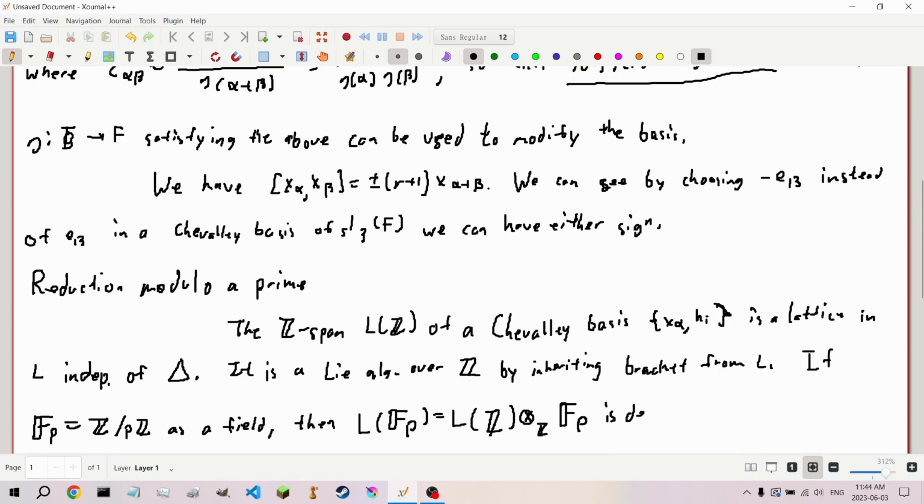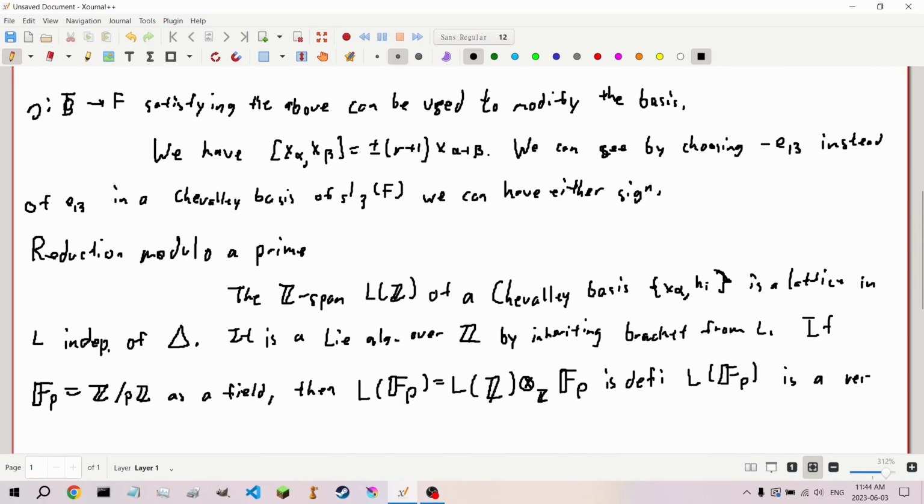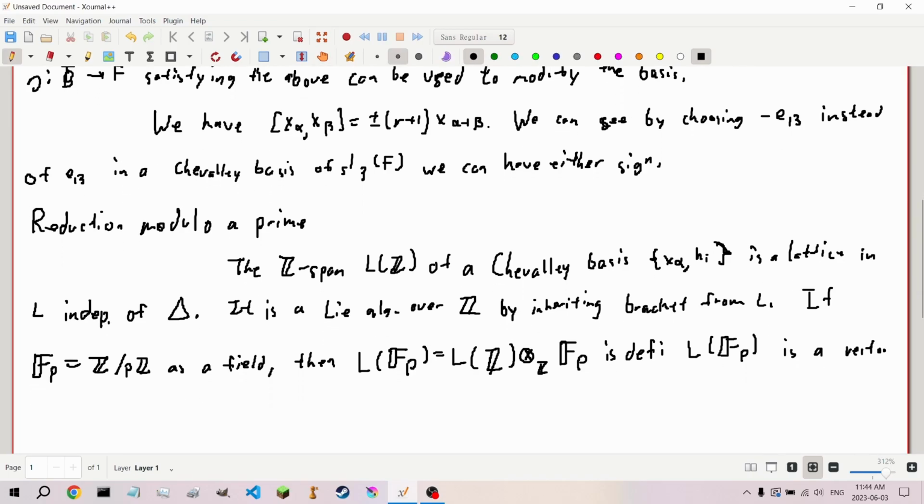This is defined. Here, that L of the finite field F_p is a vector space over our F_p with a basis, taking the Chevalley basis, of course, and tensoring 1 on the right.